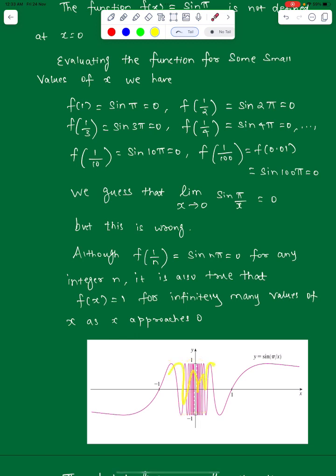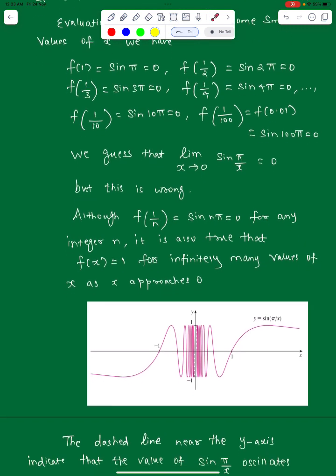So this is oscillating like this, minus 1 and plus 1. So we are not going to be sure whether it takes a single value. That means it is just oscillating.